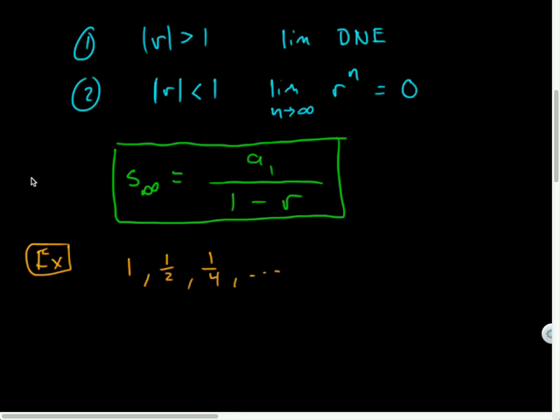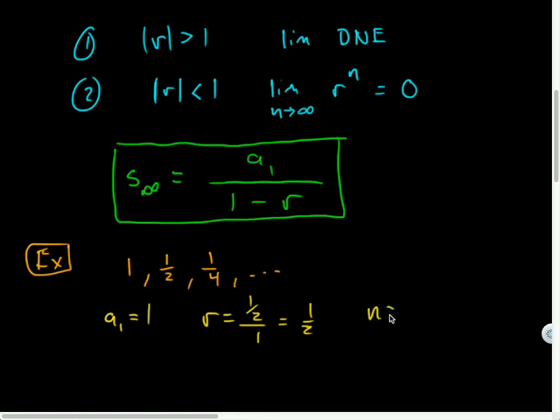Let's label what we know. A sub 1 is 1. What about my r value? You could do a fourth divided by a half, or a half divided by 1. That sounds easier. So r is just a half. It's repeated multiplication by a half, right? So each term.